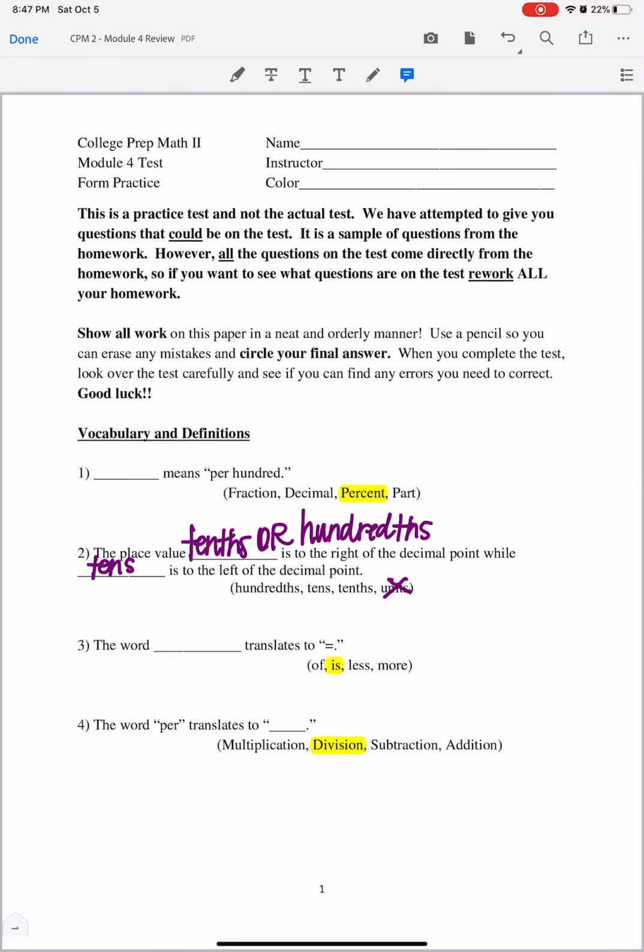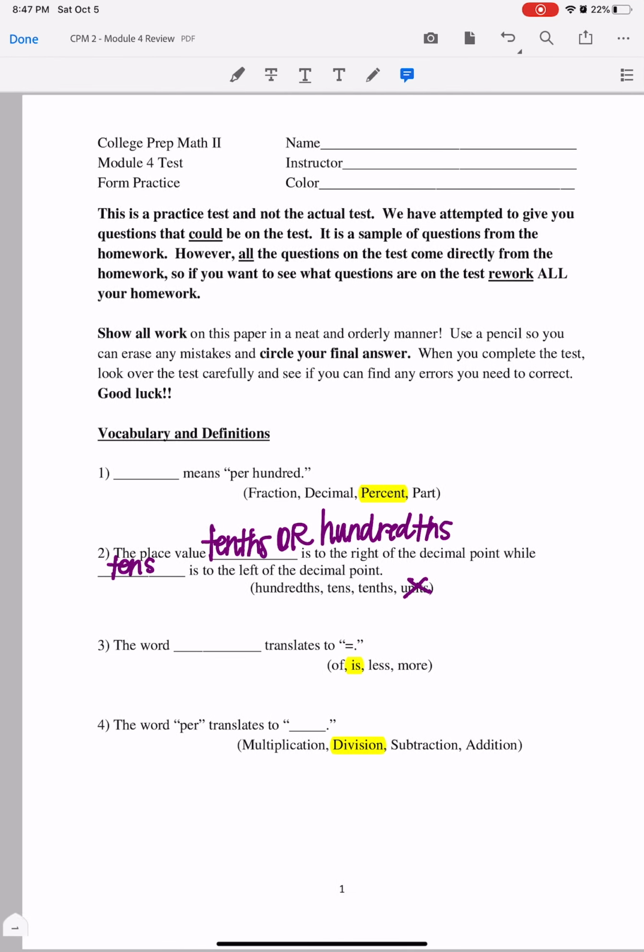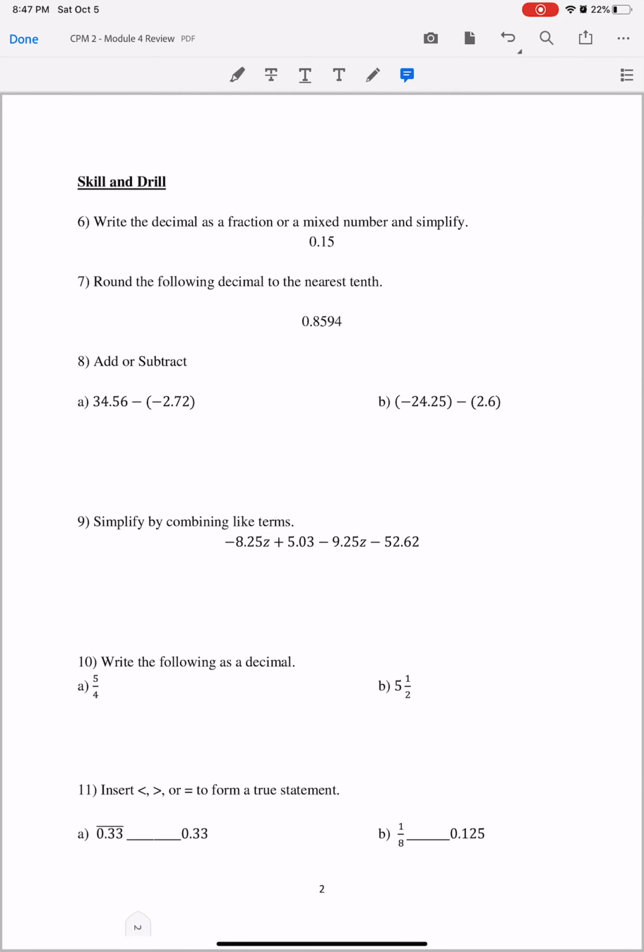I don't know why it goes from 4 to 6, but number 6 here says to write the decimal as a fraction or mixed number and then simplify.